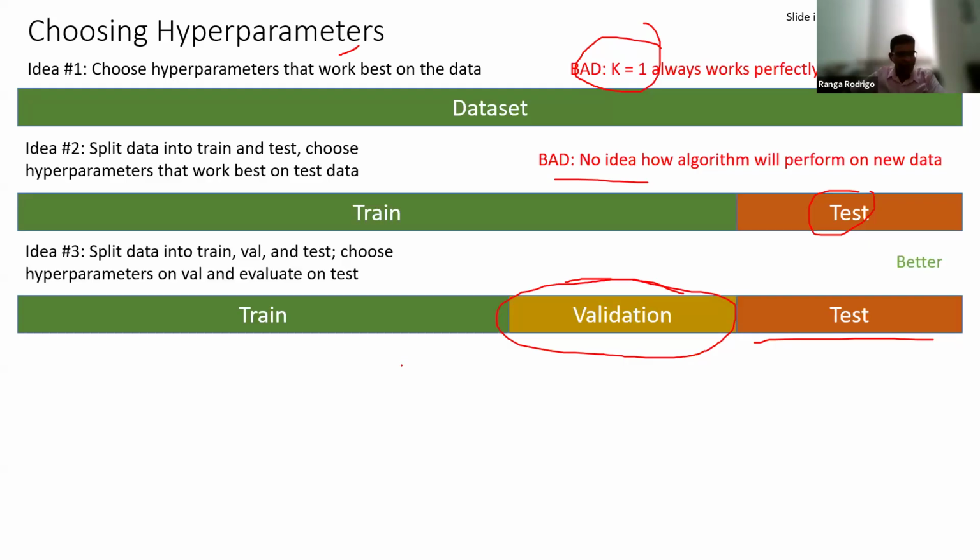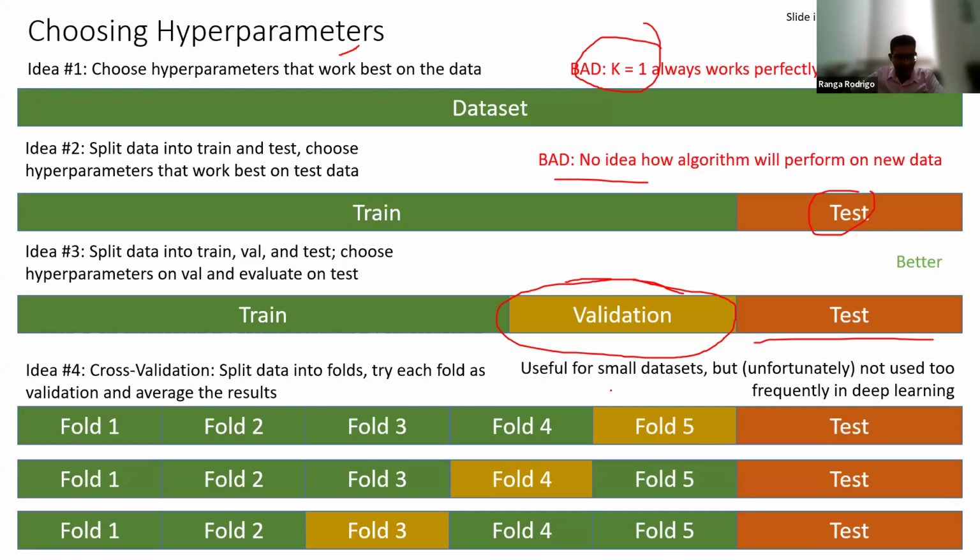So this is a good idea, but the best idea up to now is the so-called cross validation. There we divide the data set into folds: fold 1, fold 2, fold 3, fold 4, fold 5, and the last fold is the test set. So we compute the hyperparameters with this fold here, and then compute with this fold, and with this fold. So there are 5 ways that you can do that.